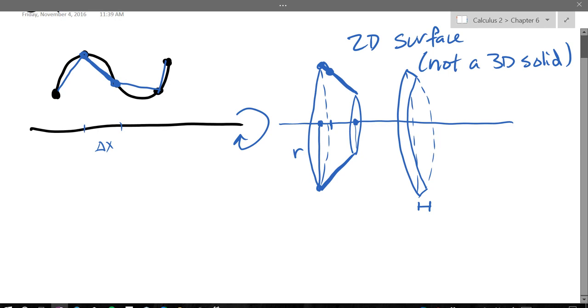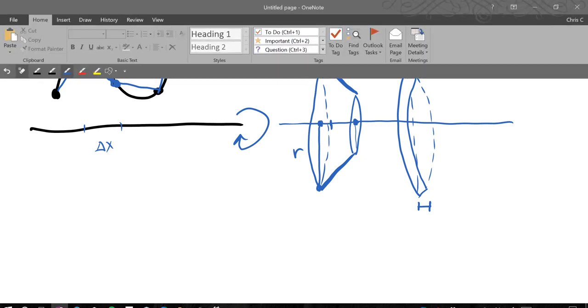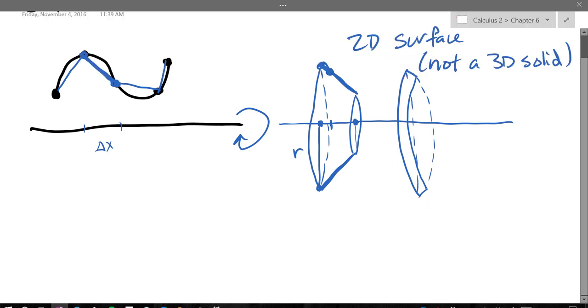What we're going to do instead is use the actual segment length right here. So that diagonal measurement is what we're going to use for the height right there. So this is what you can think of as the height. It's kind of slanted a little bit. So this is the height of our cylinder right there.